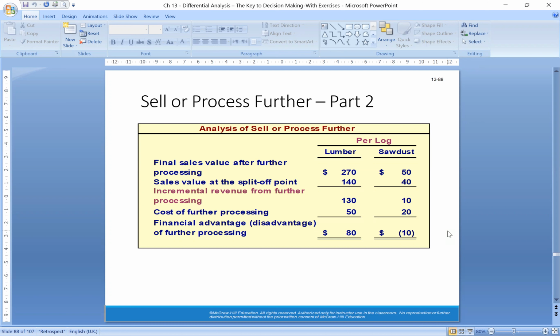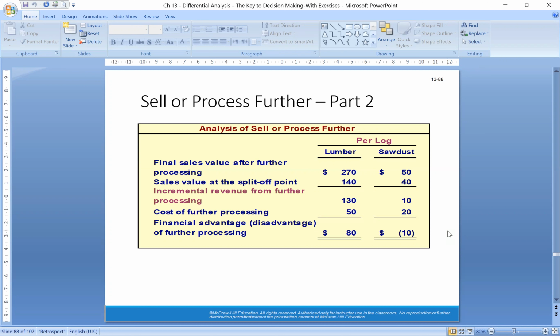The incremental revenues for further processing will be 130 for the lumber, minus the costs that happen after the split-off, which is 50 given in the question. If we do further processing for the lumber, we can earn $80, which is a positive number, which means we do have a benefit if we sell it after further processing.